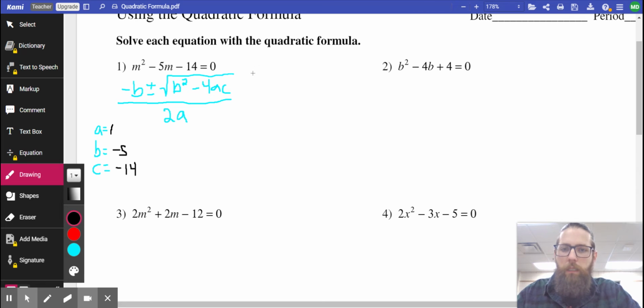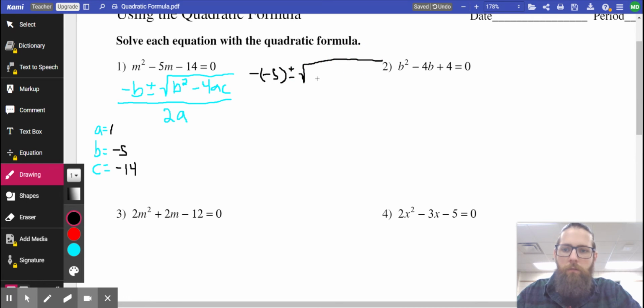So negative b is actually going to be -(-5). And then this symbol that you see right here is plus and minus, so we'll have to add and subtract these two values eventually.